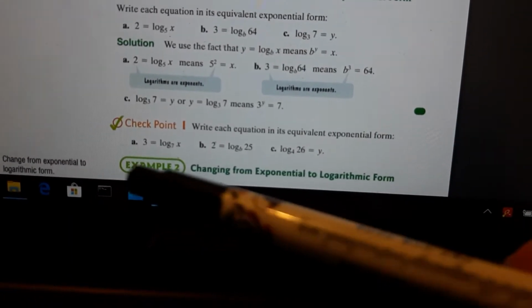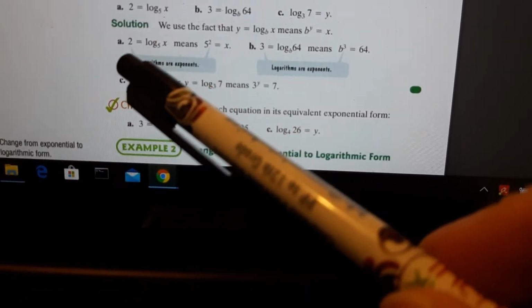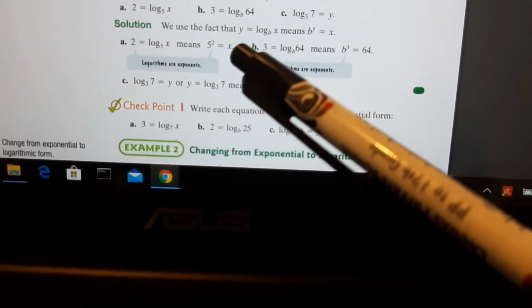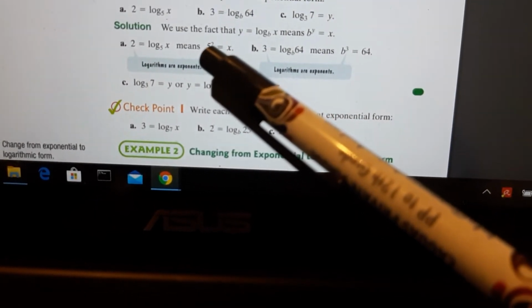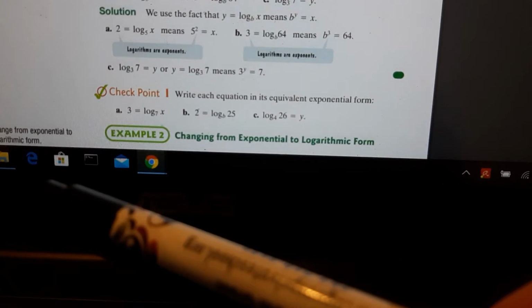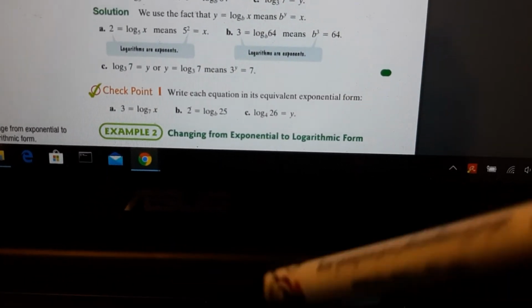So basically we take 5, we elevate it to the power of 2, and that will be the value of x. And what's 5 to the power of 2? It's 25. So the number that must be inside here must be 25. Yes? No? Más o menos? Hope you guys understand that.